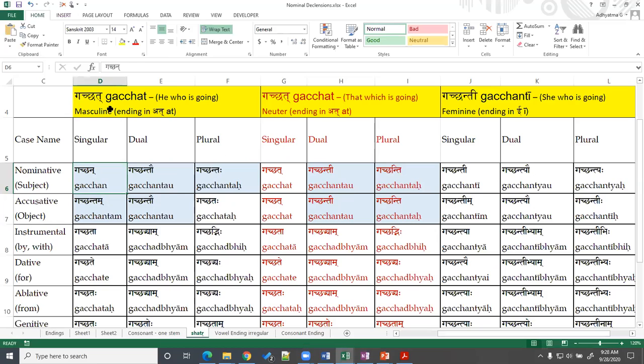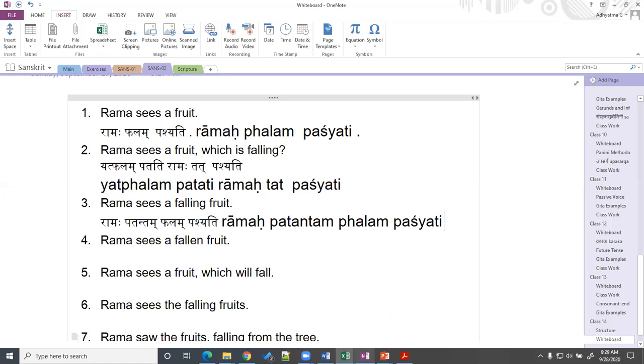You see, for gacchat, the accusative singular is gacchantam. So patat becomes patantam, because phalam is in the accusative case, and this being the adjective, it will also be in the accusative case. Therefore, patantam phalam, the falling fruit Rama is seeing. So that's how you use this participle. Ramaha patantam phalam pashyati.